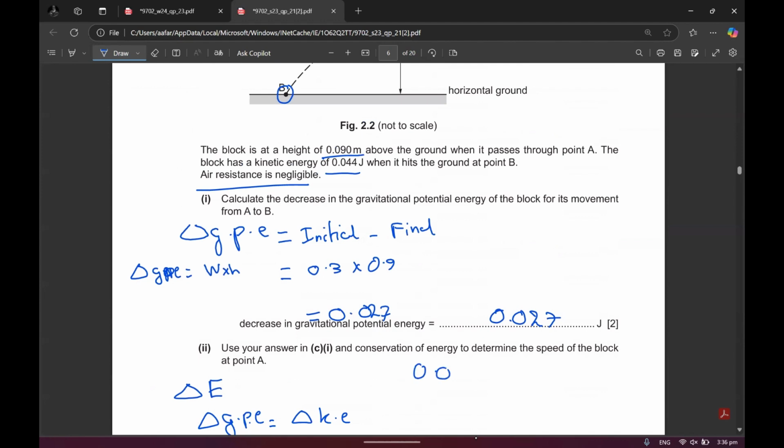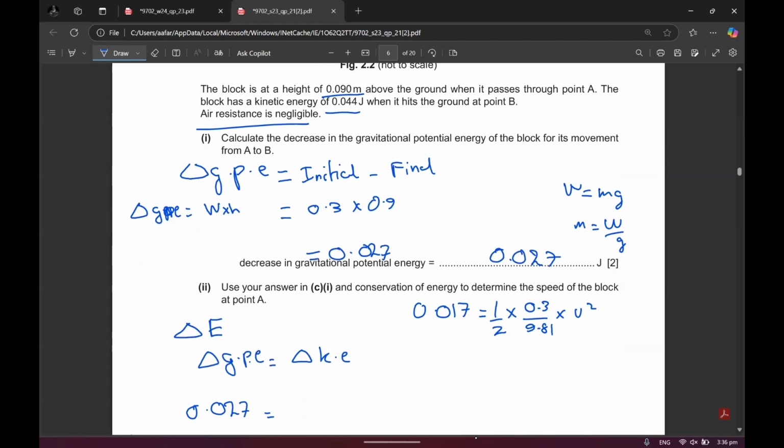So we can now put this into the equation. 0.017 is equal to half m v squared, where m is 0.30 over 9.81, since W is equal to mg, so m is equal to W over g. And from here, you get v is equal to 1.1 meters per second.